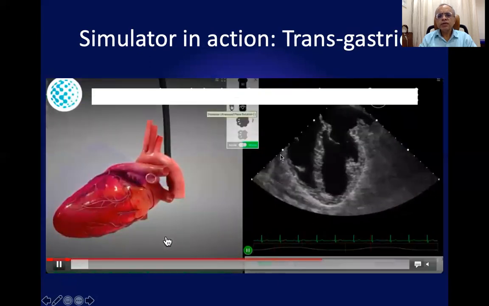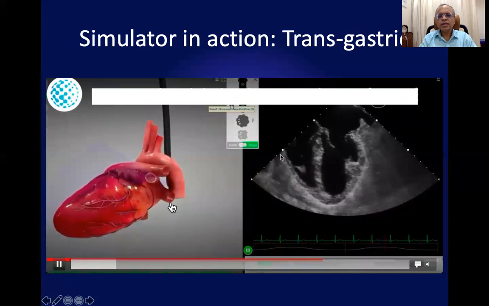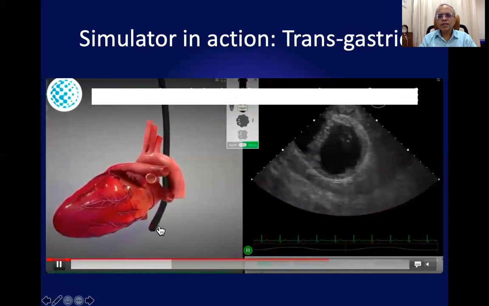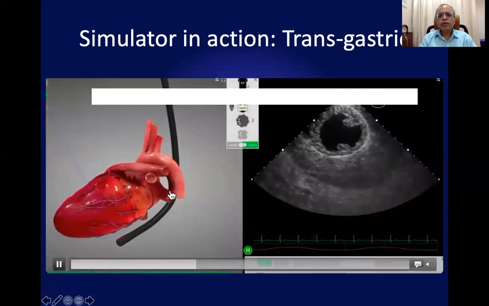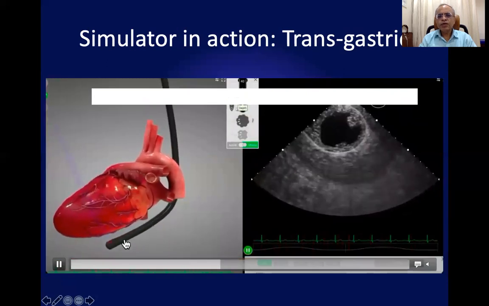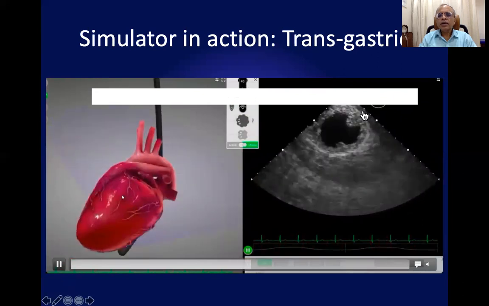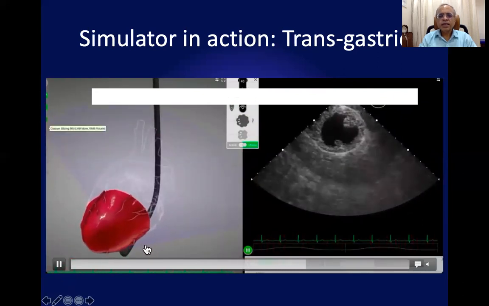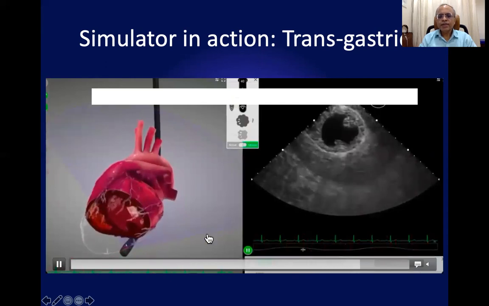Now, these views are especially useful for transesophageal echo, and especially for the transgastric views. You know the exact location of the TEE probe, and the kind of image that you would get by sending the ultrasound signals across the diaphragm by anteflexing the probe.